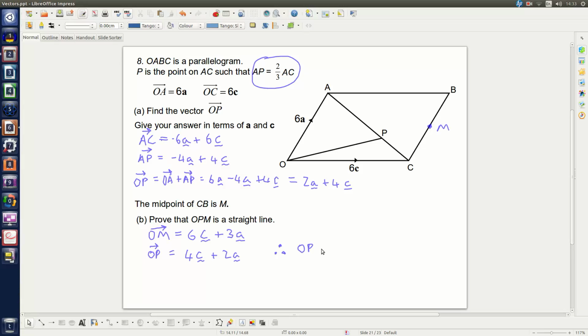Therefore, OP is parallel to OM. Now, why is it definitely parallel? Because they are scalar multiples. All I've got to do is times OP by 1.5 and I get OM. OP is parallel to OM. And I'm just going to put in brackets scalar multiples to argue that case.